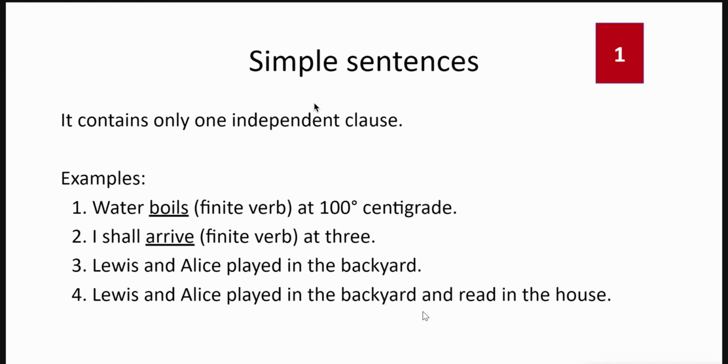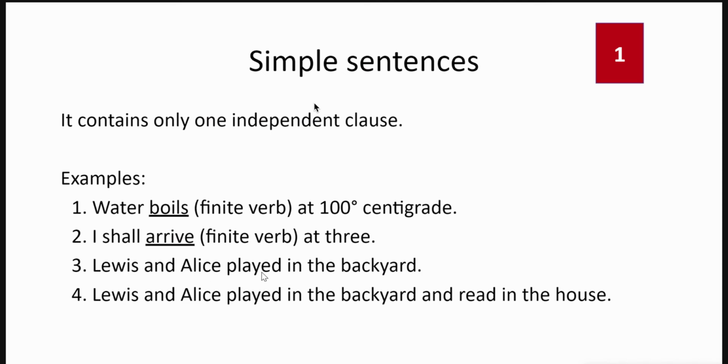Kenapa? Karena in fact, a simple sentence can also consist of compound subjects and compound verbs. Compound maksudnya double ya. Nomor 3, Louis and Alice, double subjeknya, compound nouns di situ.